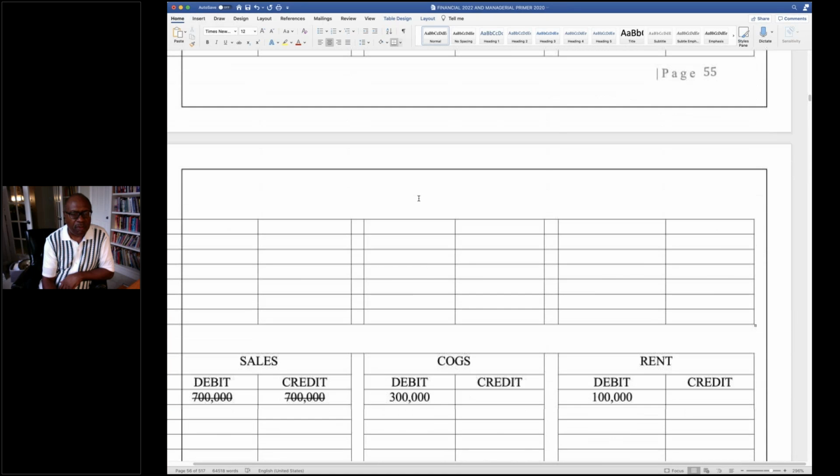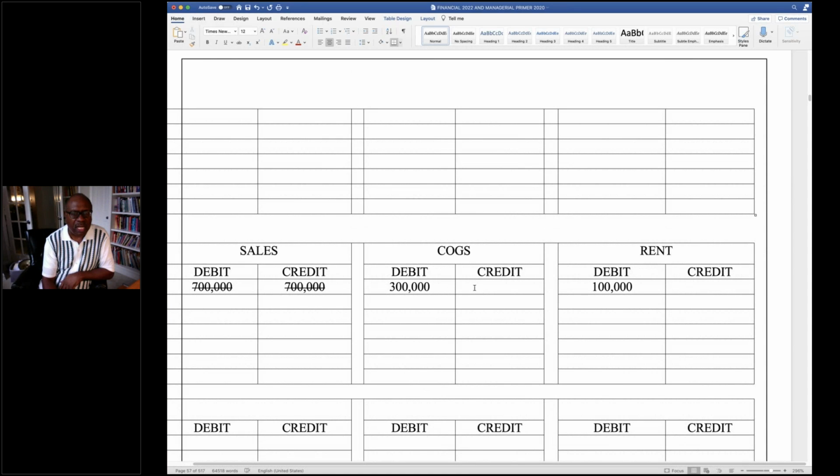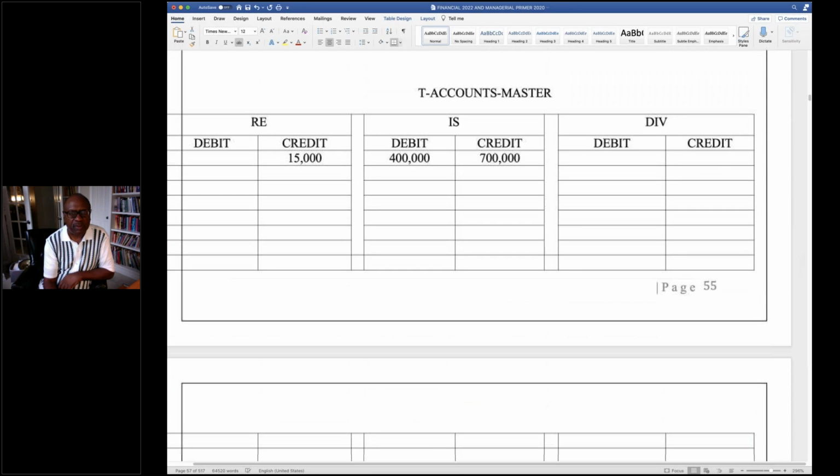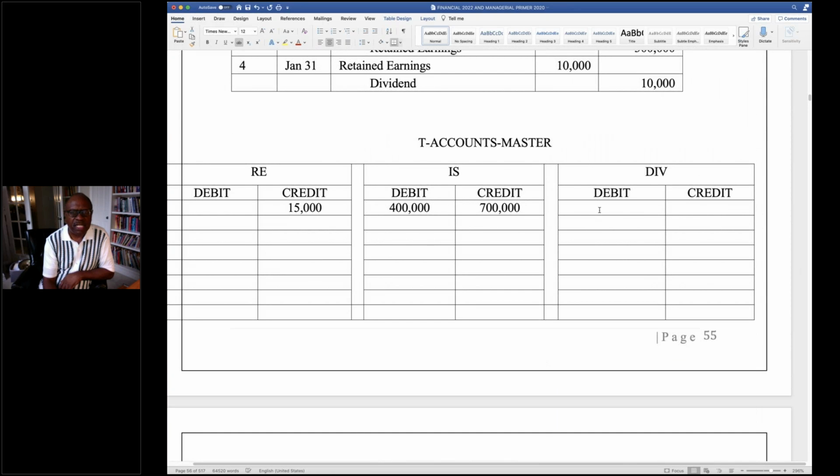And we will go through and credit cost of goods sold for 300,000. And we credit rent for 100,000. So now we can go ahead and cross those out. So now all of these accounts have zero balances. Then we have 10,000 up in the dividend account.